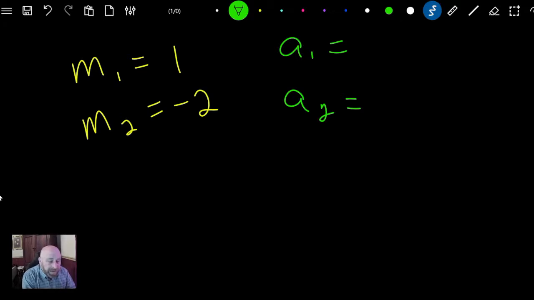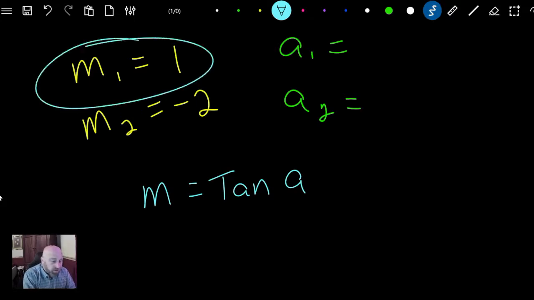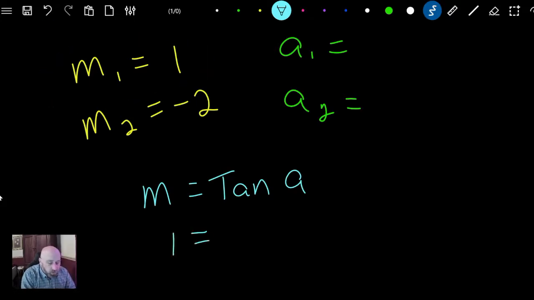Let's go back to where we were yesterday: slope equals the tangent of alpha. So that's what we need to do here. Our slope in the first one is 1, so 1 equals tangent of alpha 1.